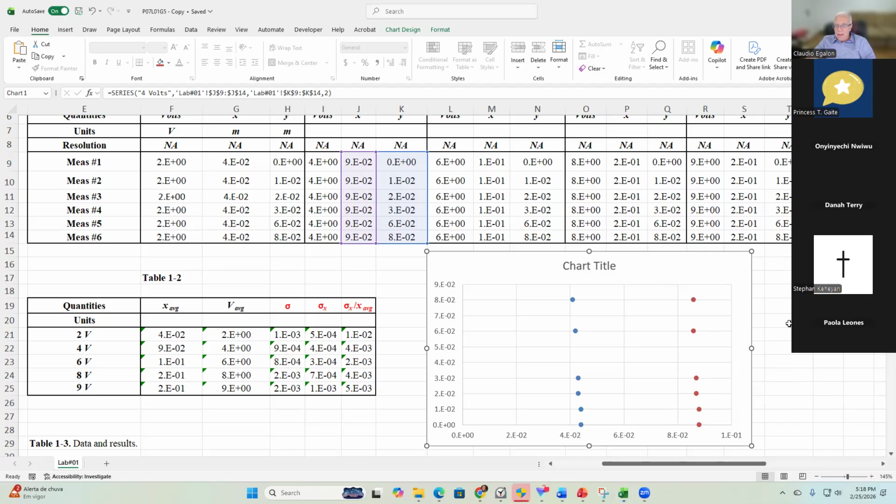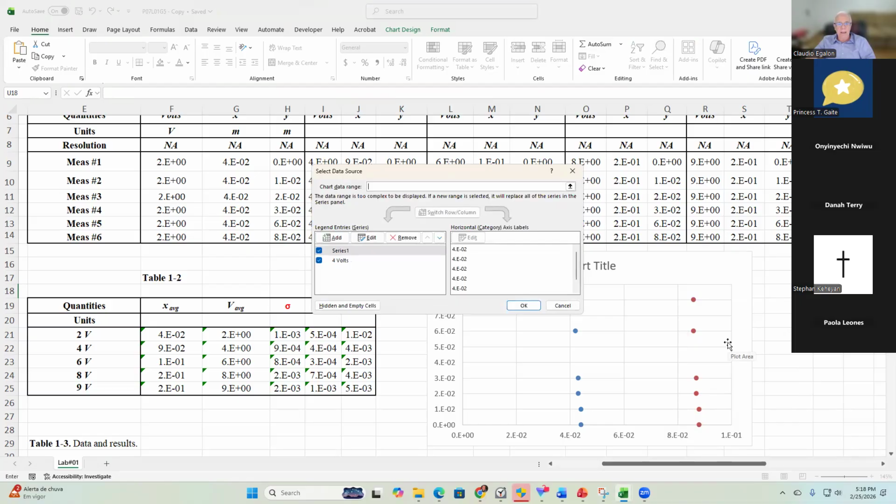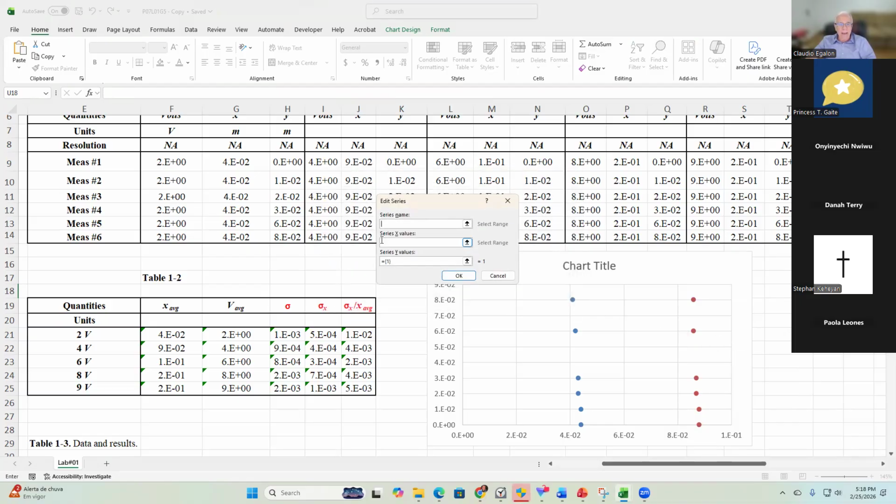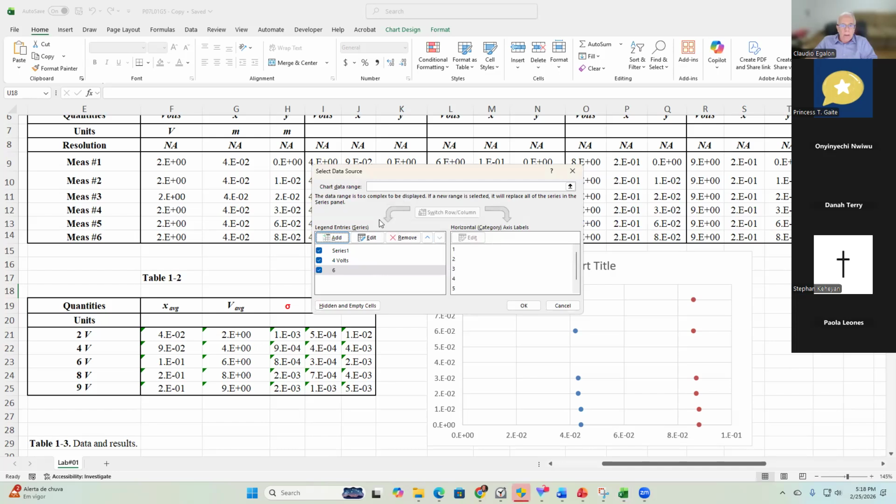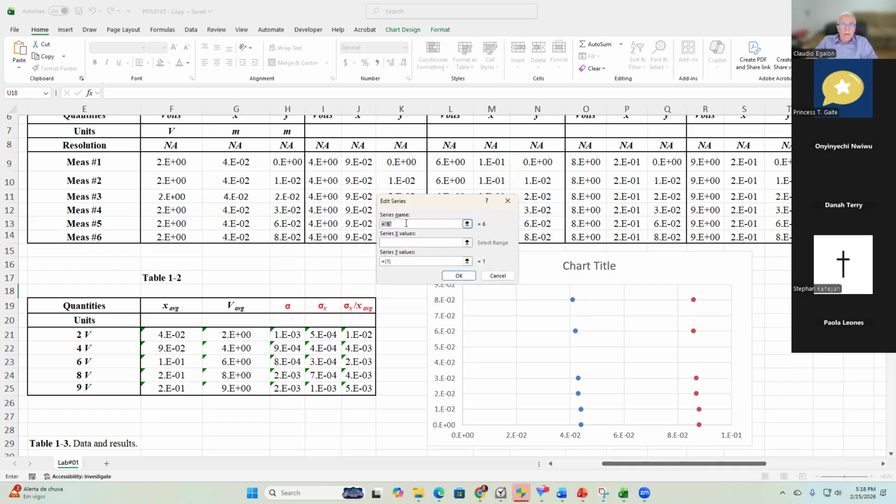So here you go. I'm going to left click, right click, select data, add, and now it's going to be 6 volts. Edit. Okay, here you go. 6 volts.